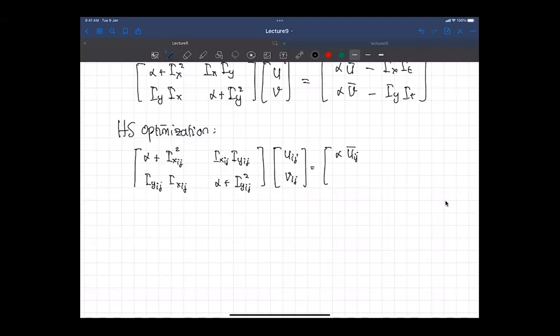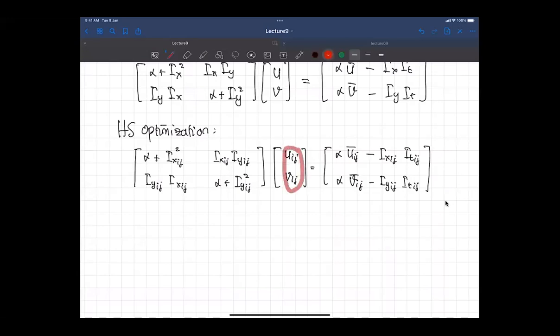If you know u, then you can have this average minus Ix ij It ij, alpha vij average minus Iy ij It ij. So what's happening here is that everything is known except this one.